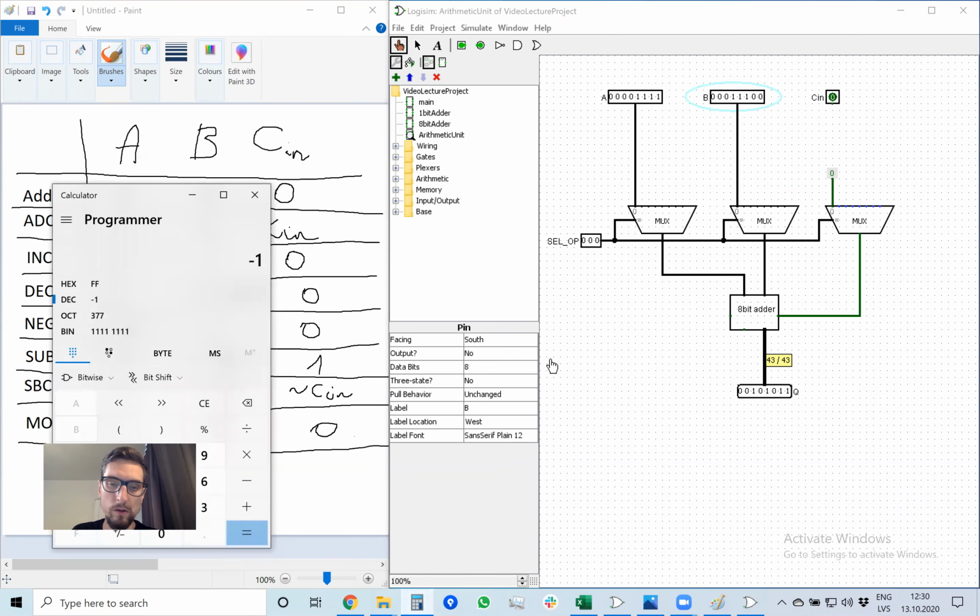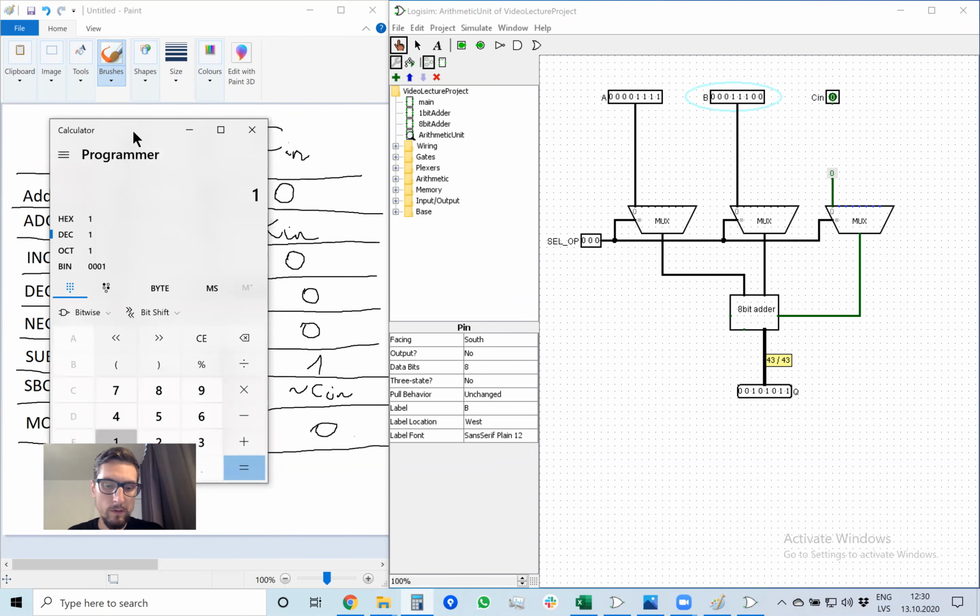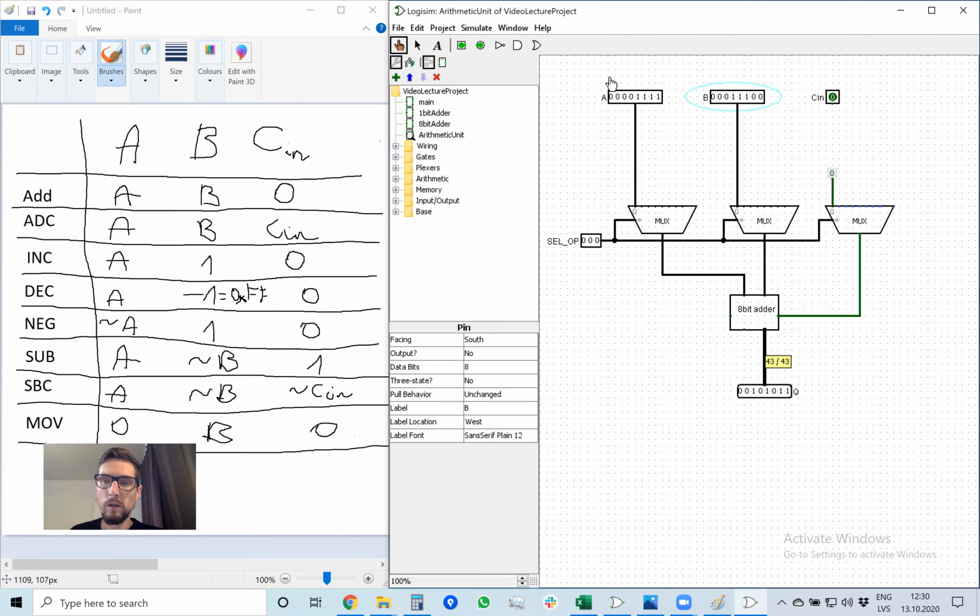Let's check out on the calculator. 15 plus 28 is 43. It's right here. Okay, so this part works.